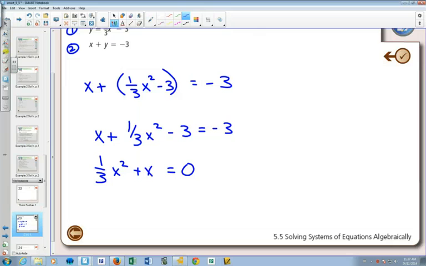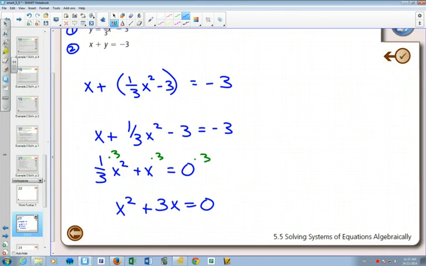First of all, if you don't like fractions in your quadratics, like this one has, you can multiply to get rid of them. So in this case, I have the 1/3. What could I multiply by? 3. Multiply everything by 3, times 3, times 3, times 3, and you'll get x squared plus 3x equals 0. And now it looks nicer.